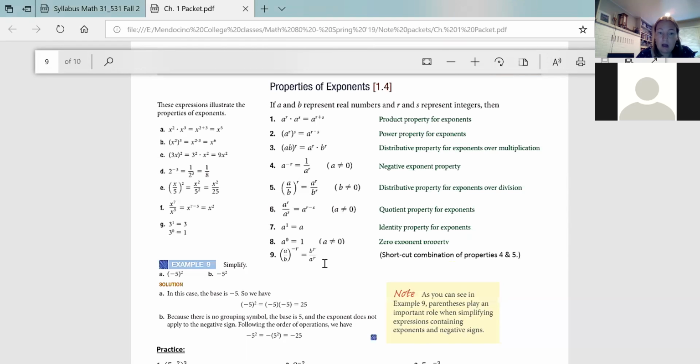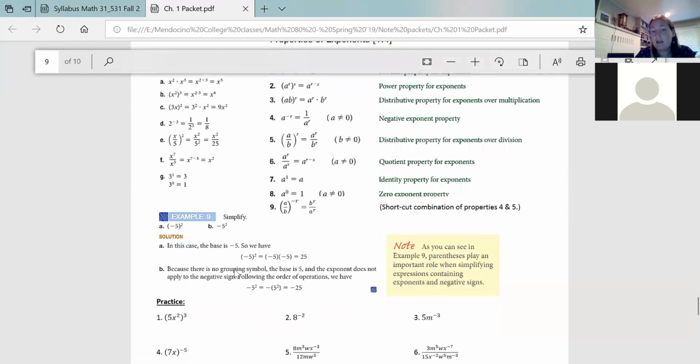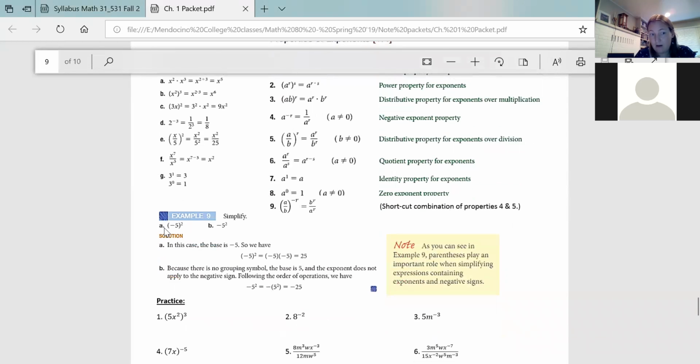Another thing that often gets tested is that a student understands the difference between negative 5 being squared and the opposite of 5 squared. And you can even see that I read that differently. So this is really saying this negative 5 is being multiplied by itself.